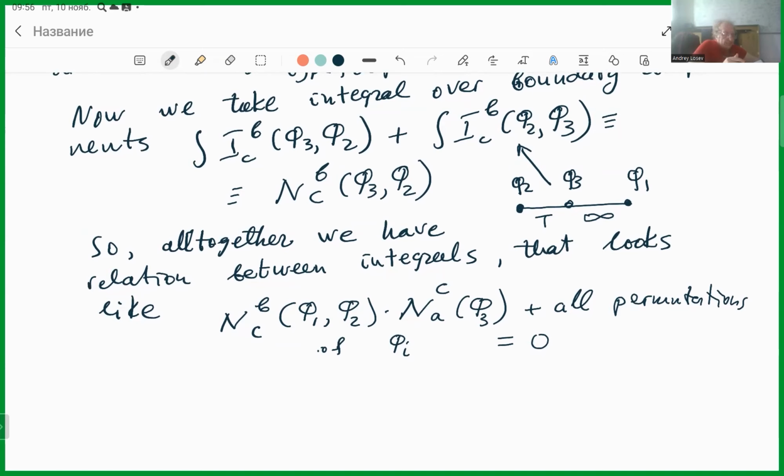Wait, but not all permutations. We shouldn't include phi 2, phi 1, phi 3 because we already included it in the definition of n. Isn't that right? Actually, I made a mistake here.